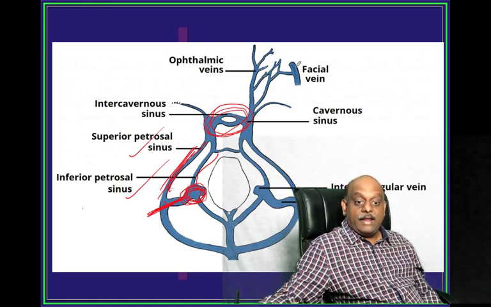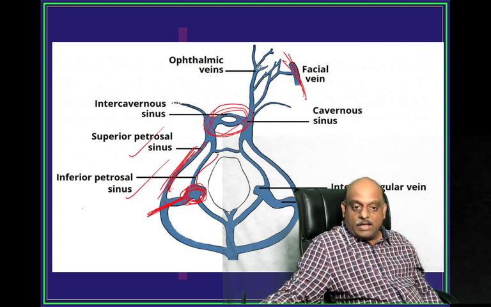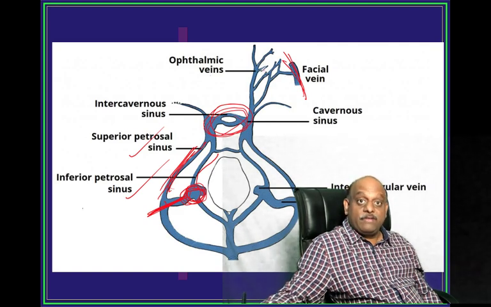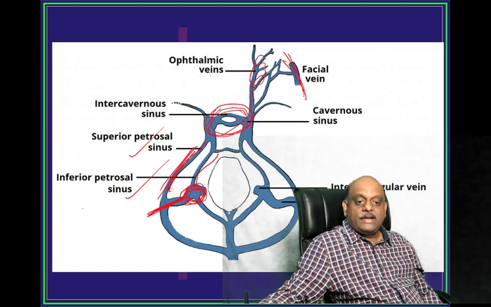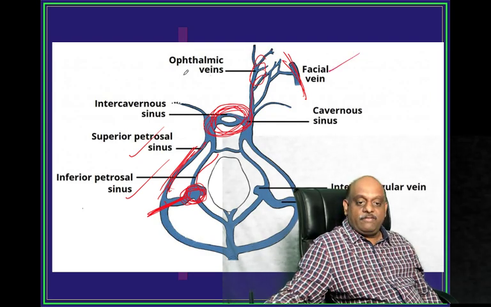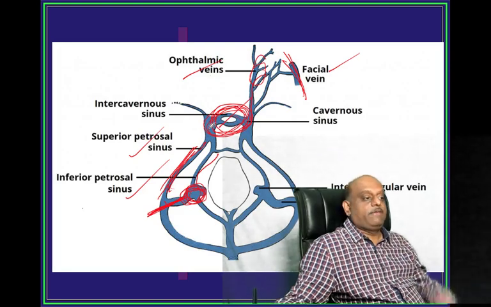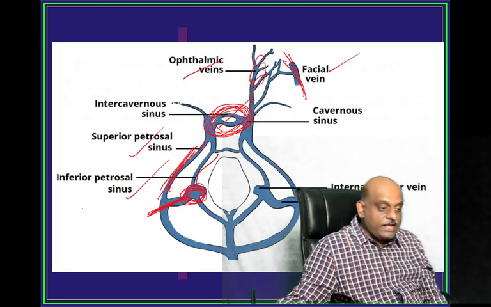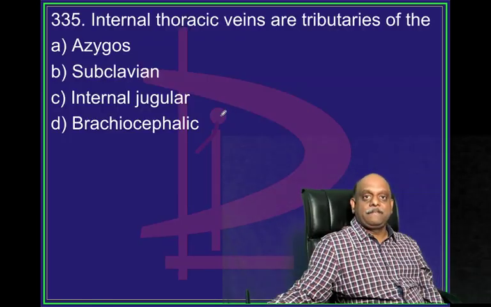Then another way, the facial vein through the ophthalmic veins, superior and inferior, is also reaching the cavernous sinus. So this facial vein to ophthalmic vein to cavernous sinus route is the one responsible for carrying the infection in the dangerous area of the face, is what you have to ultimately remember.